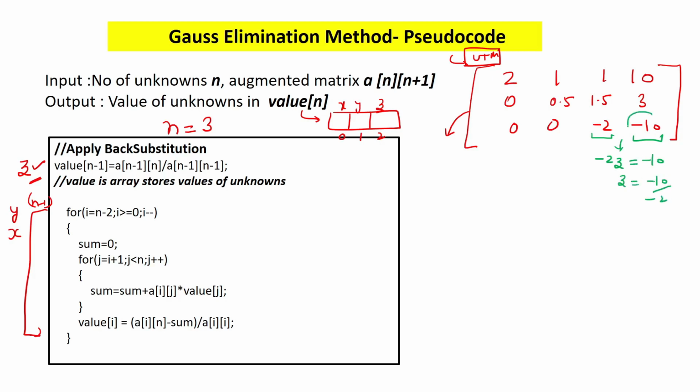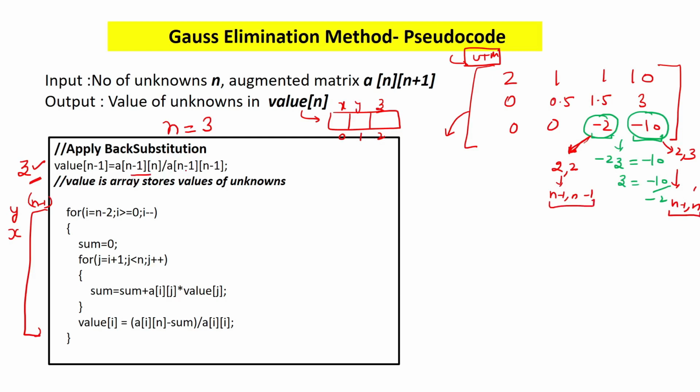That means the last two values of this row should be divided. And what is the index of this minus 2? It is 2 comma 2, and the index of this is 2 comma 3. That means for general n, it is n minus 1 comma n minus 1 and n minus 1 comma n. So we are dividing this thing with this thing.